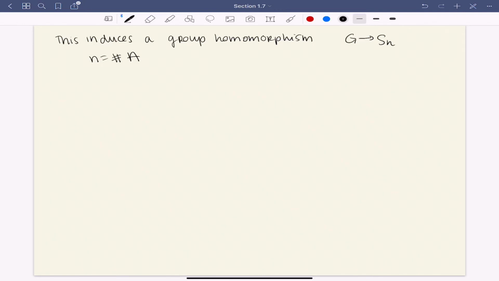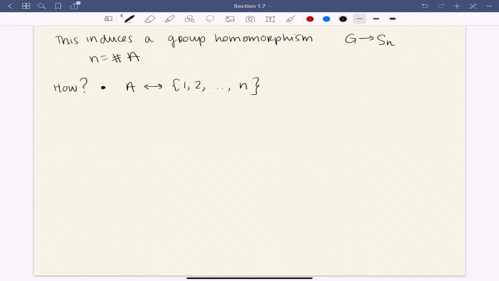Well, first, you make a bijection between your set A and the set 1, 2, all the way up to n. If A has n elements, then you can do this by numbering. We talked about this in class on Friday.